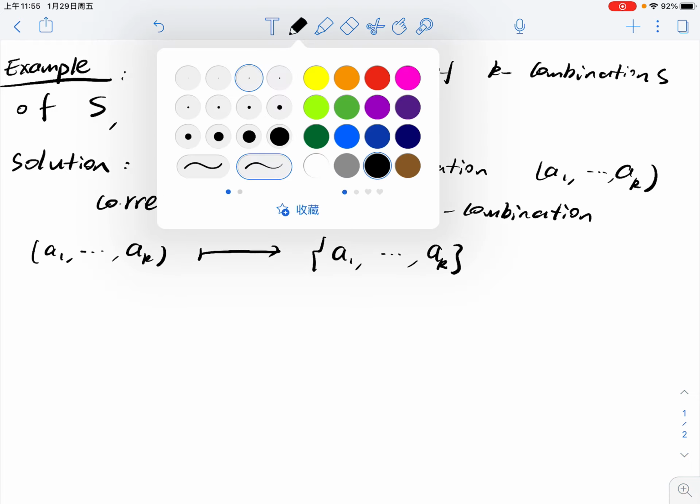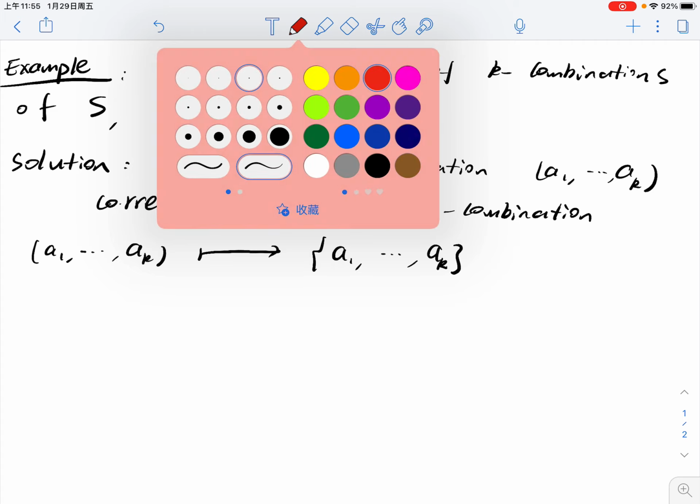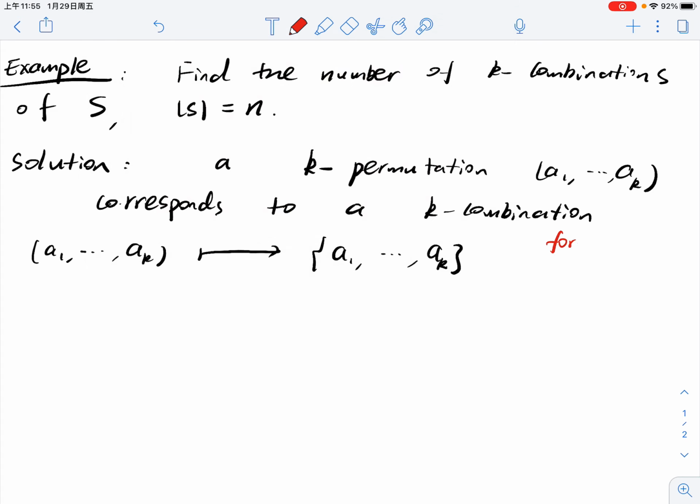This we can call, later in mathematics, a forget map. That means you just forget about some of the structure inside, because a1, a2 to ak as a k permutation, you have the order, but as a k combination, you just forget about the order.